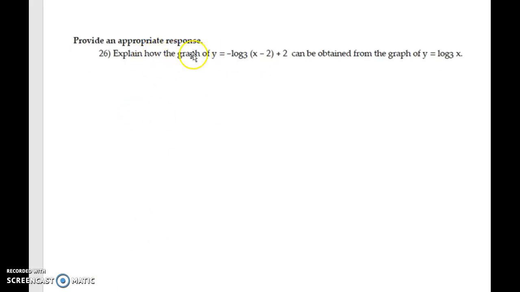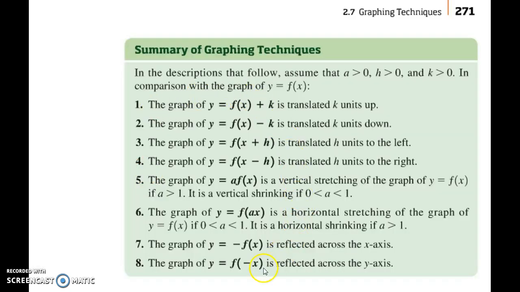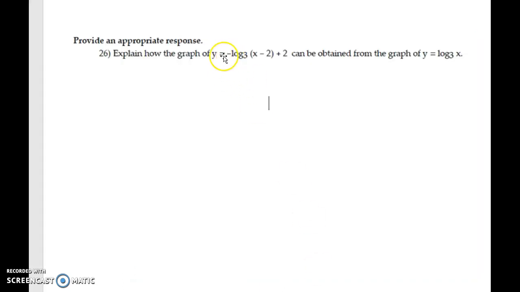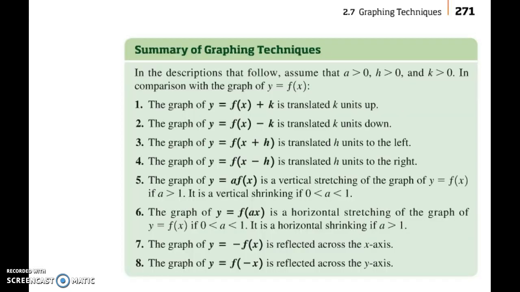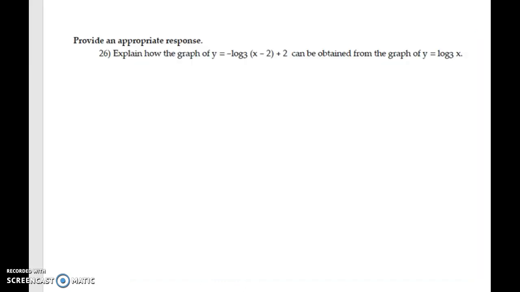To obtain the graph of this function, starting with our underlying function log base 3 of x, we're going to need to refer to our translation techniques on page 271. So looking at all the different ways we can translate a graph, the negative out in front, if we take our original function and put a negative in front, it means it's reflected across the x-axis.